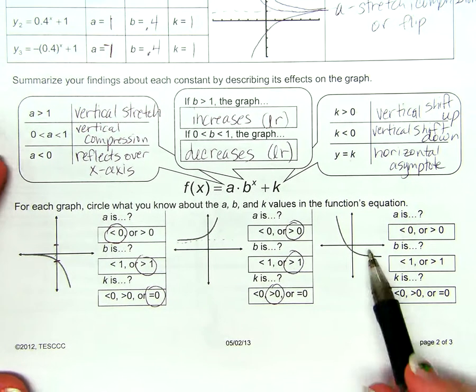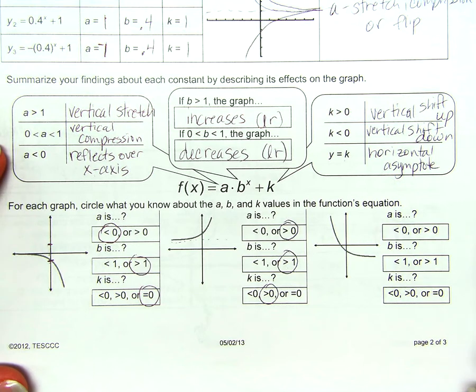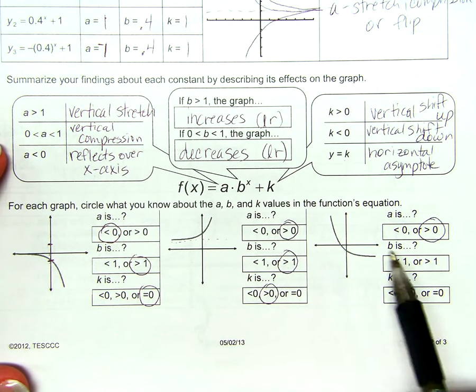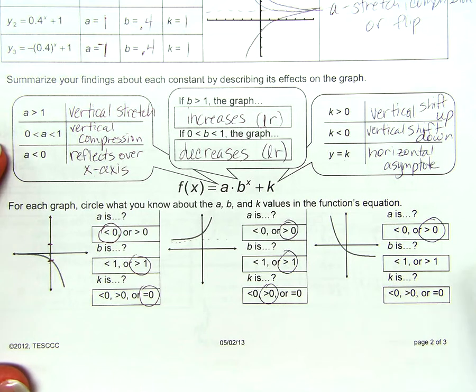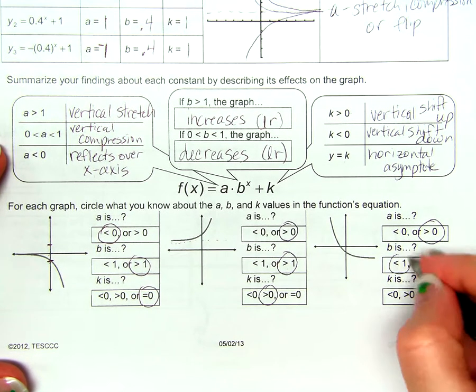And what about this one? A? Well, one of those is right. Which one? Why? It's not reflected. It's just decreasing, right? And so that should tell us something about B. It's less than 1.